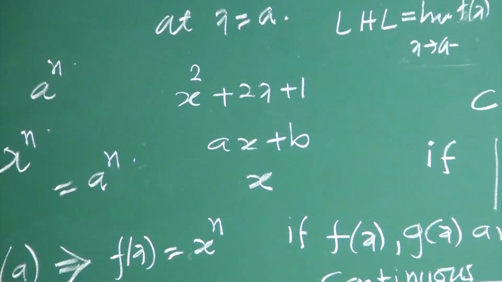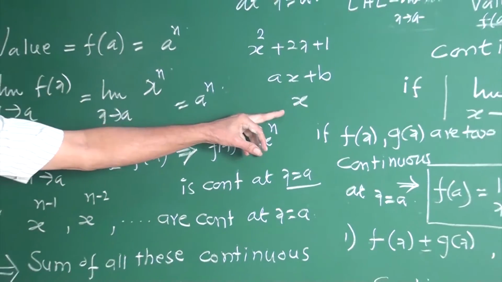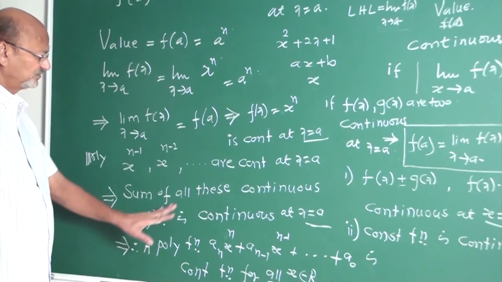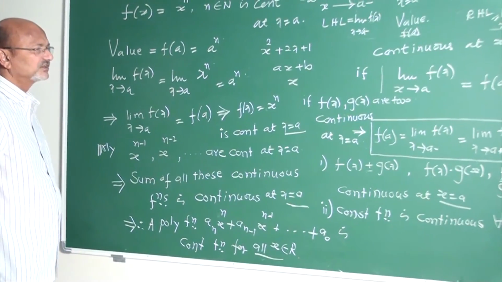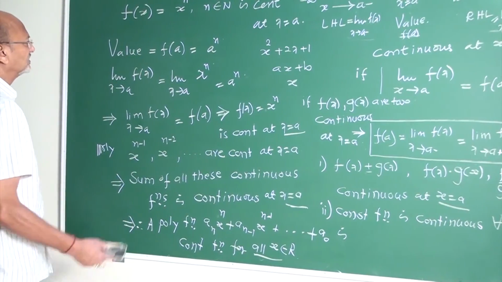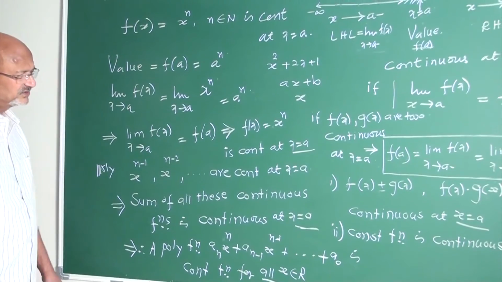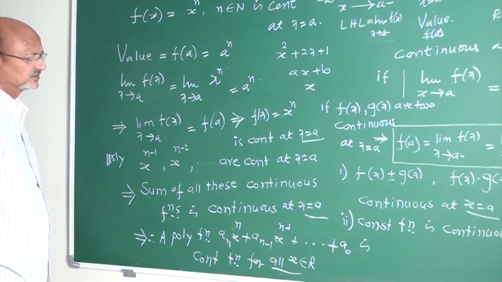If it is a polynomial, then with this result it is a continuous function for all x belongs to R. This is one useful result that you must underline. Next, I do your examples, my friends.